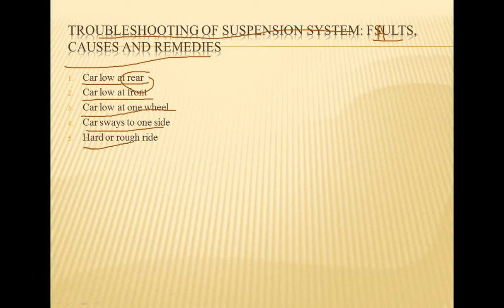Then next troubleshooting point is for hard or rough ride. If springs are weak or broken, then we have to check and replace if it is necessary. If suspension parts are seized, then we have to lubricate them or replace with new ones. If a damper unit is defective, then we have to replace it.